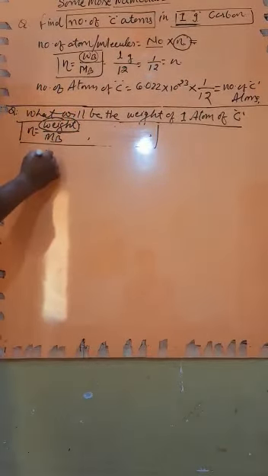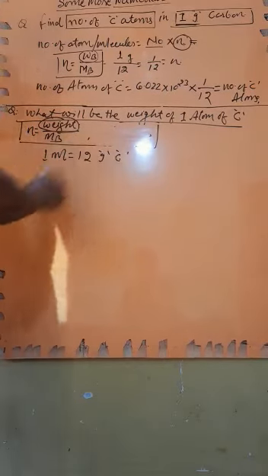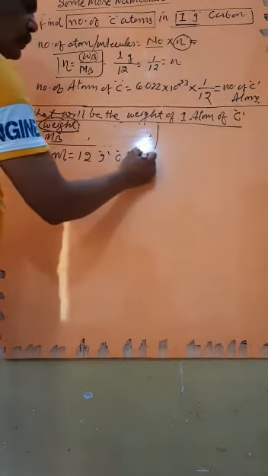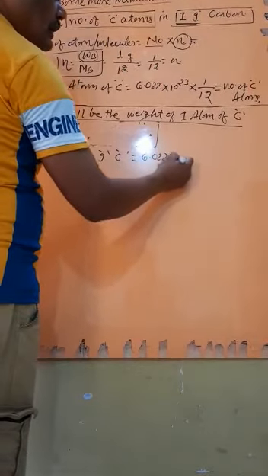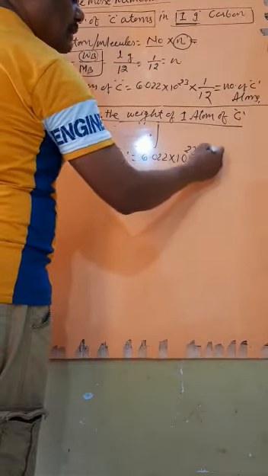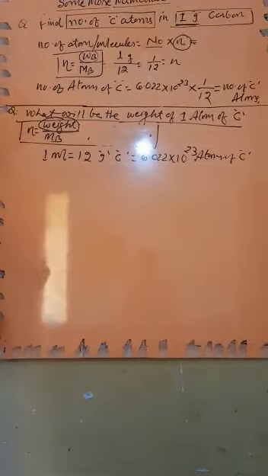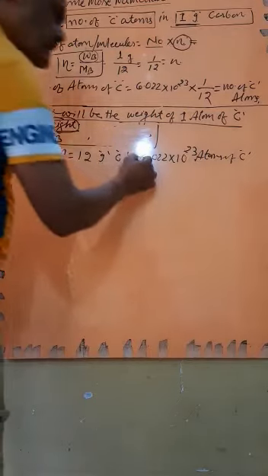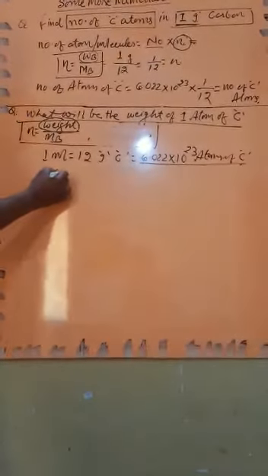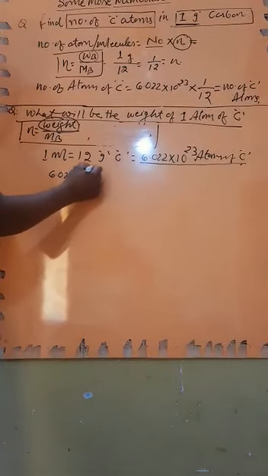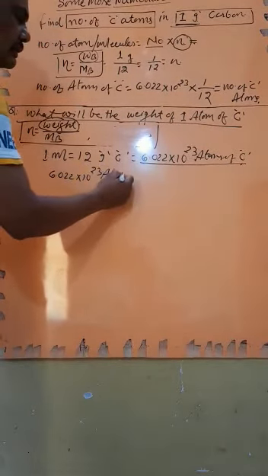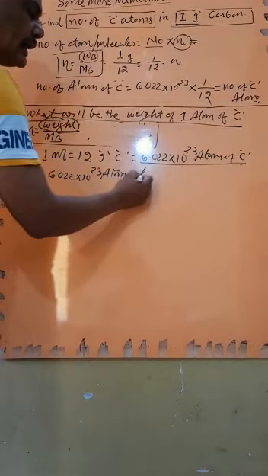1 mole is equal to 12 gram of carbon, which is equal to 6.022 into 10 to the power 23 atoms of carbon. That is, 6.022 into 10 to the power 23 atoms have a weight of 12 gram.